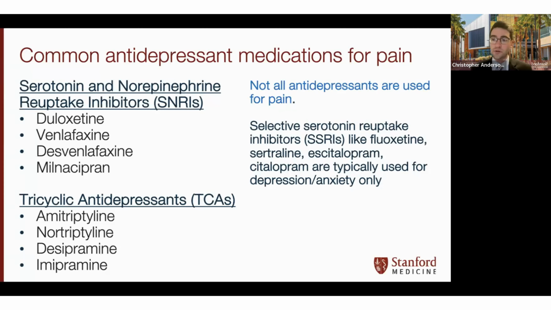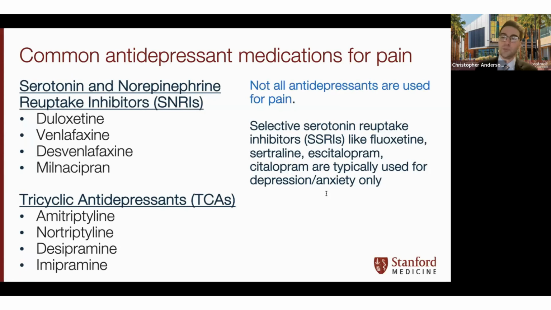Another commonly used and older class of medications are called the tricyclic antidepressant medications, named after their three-ring structure. Examples include amitriptyline and the related drug nortriptyline, as well as desipramine and its related drug imipramine.